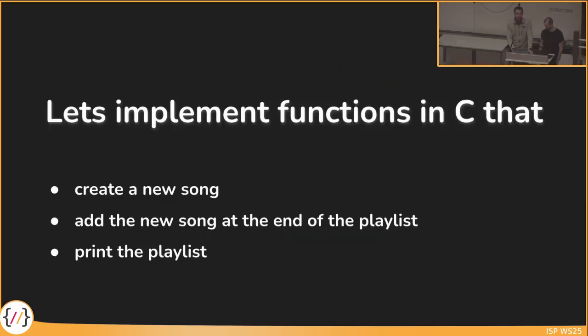Okay, but now let's have a deeper look into what David just mentioned. So let's implement those functions in C so that we can create a new song, add this new song at the end of the playlist, and then also print the playlist. And let's do this step by step.